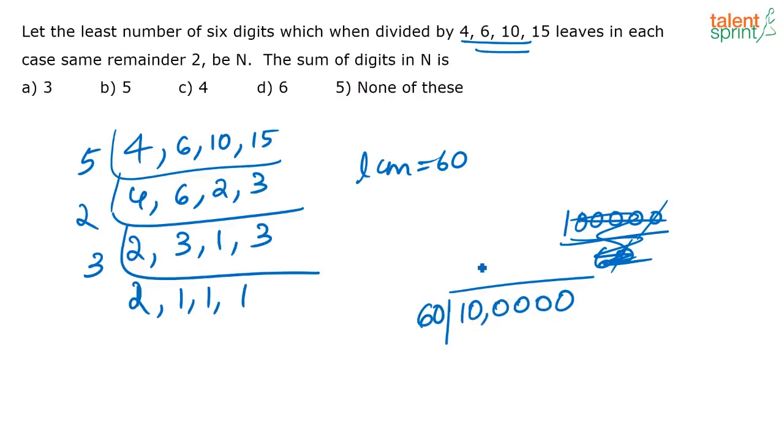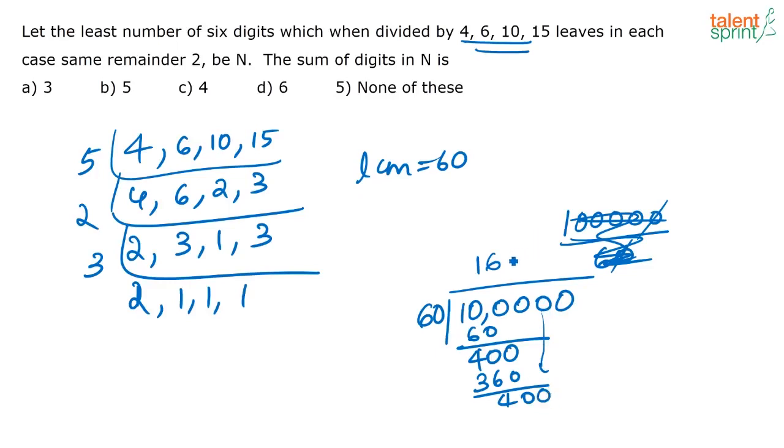So 100, you have 160, then you have 40, so you take the next 0, 400. Again in 400 you will have 6, so 36, so 360, again you have 40, so take the next 0, again 400.